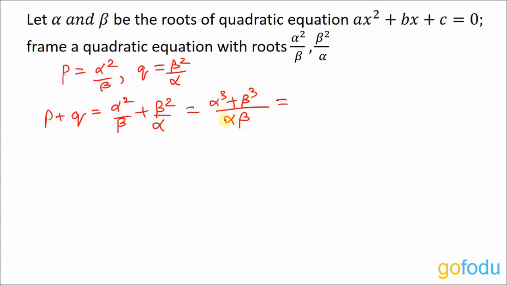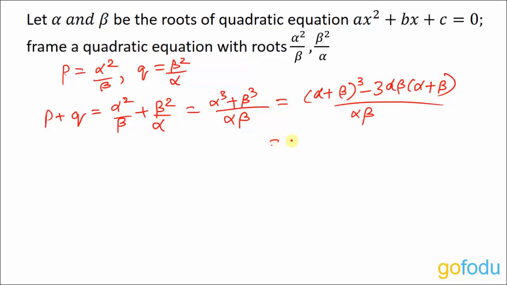So we are going to convert this into a format which only consists of alpha plus beta and alpha beta. This alpha cube plus beta cube will be alpha plus beta whole cube minus 3 alpha beta into alpha plus beta, upon alpha beta. Okay, alpha plus beta is minus b by a.